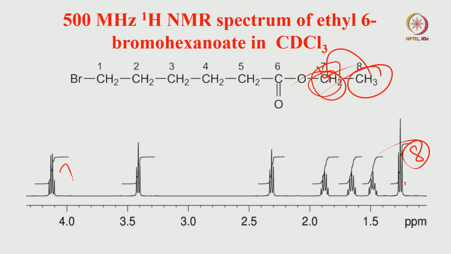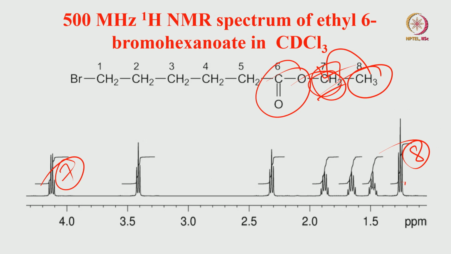This is a quartet. This has to be proton 7. This also agrees with our chemistry information, because it is attached to C double bond O and O. This is electronegative. It will withdraw electron density, get more deshielded, and come at the high frequency region, low field region. This is what happens. So easily you assign 8 and 7.